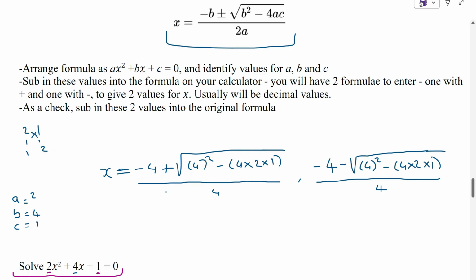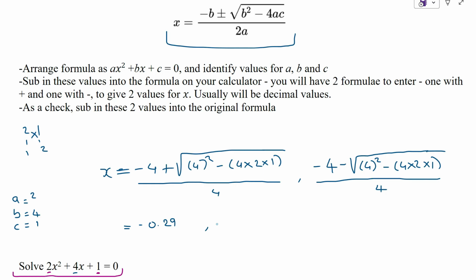Okay, and assuming we need to give our answer to 2 decimal places, the first value for x is minus 0.29. And now we're going to get the second value. So we're not going to delete anything. We're just going to change this plus to a minus and then press equals.